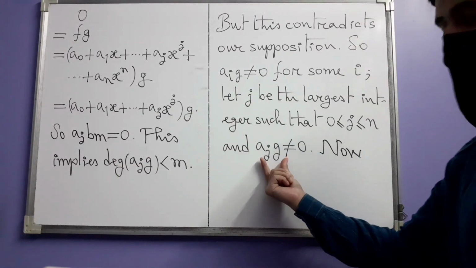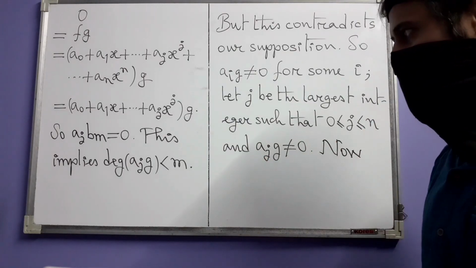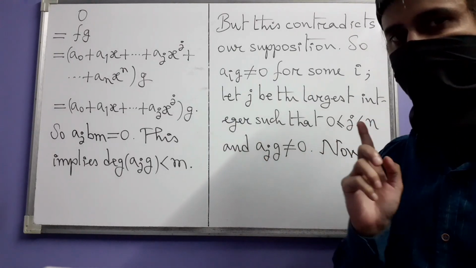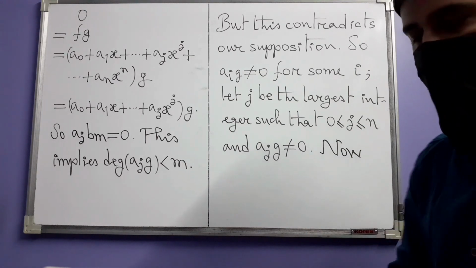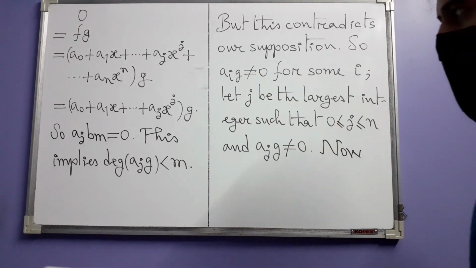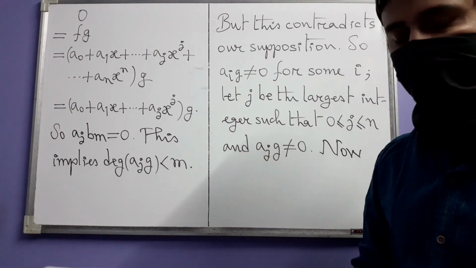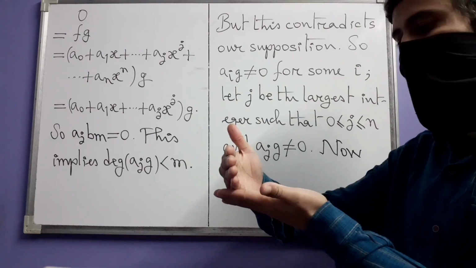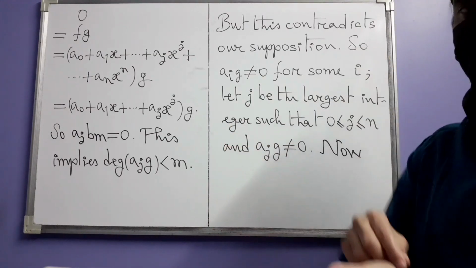Now you will go back to this polynomial a_j g. It's a non-zero polynomial, so we can talk about its degree. The degree may be 0, but the degree exists because the polynomial is non-zero. Now after you multiply g with a_j, a_j gets multiplied with all the coefficients of g, b_0, b_1 and so on up to b_m.